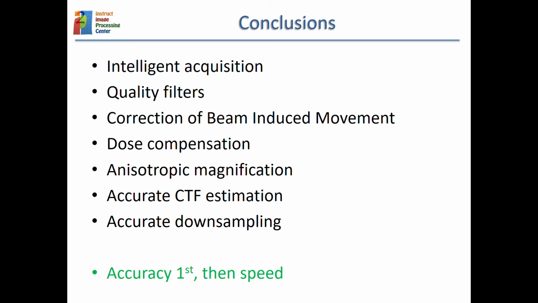Dose compensation is also an issue, and normally now performed at the end of the processing. And then you have to do very accurate operations to estimate correctly the magnification, all the CTF parameters, and all the possibilities that high frequency components have been treated in slightly different ways. It depends on the particle, depends on the location of the particle, and so on.